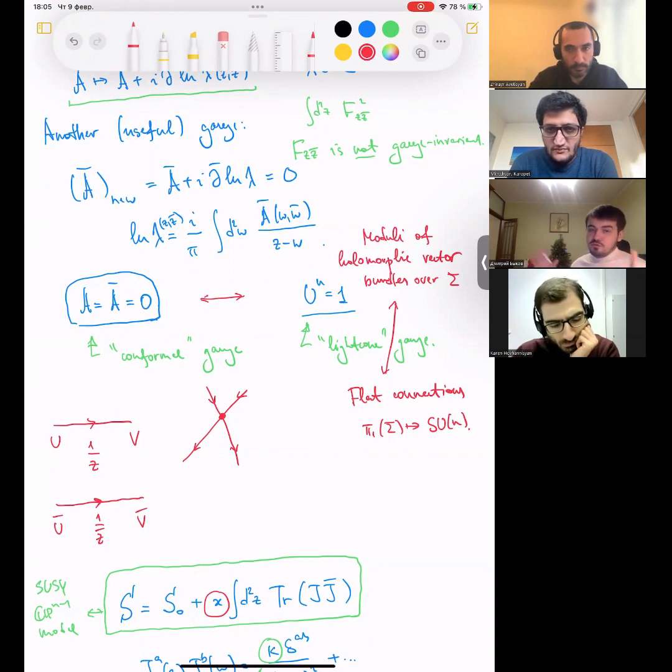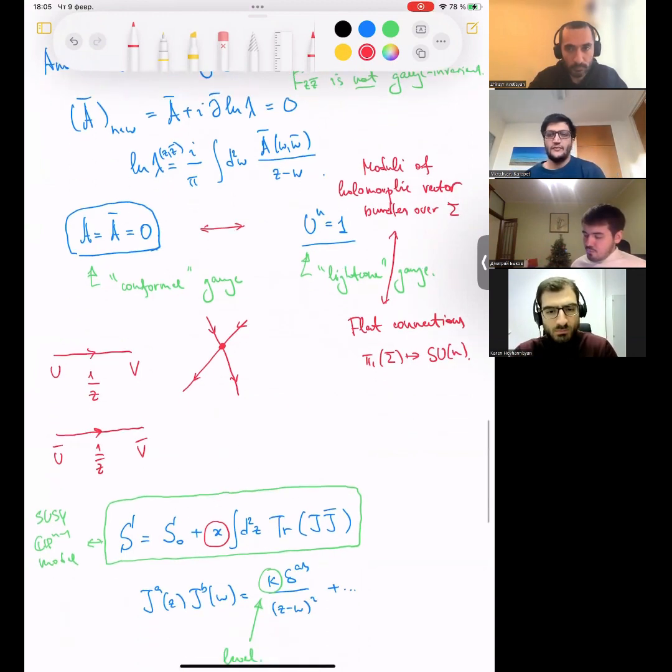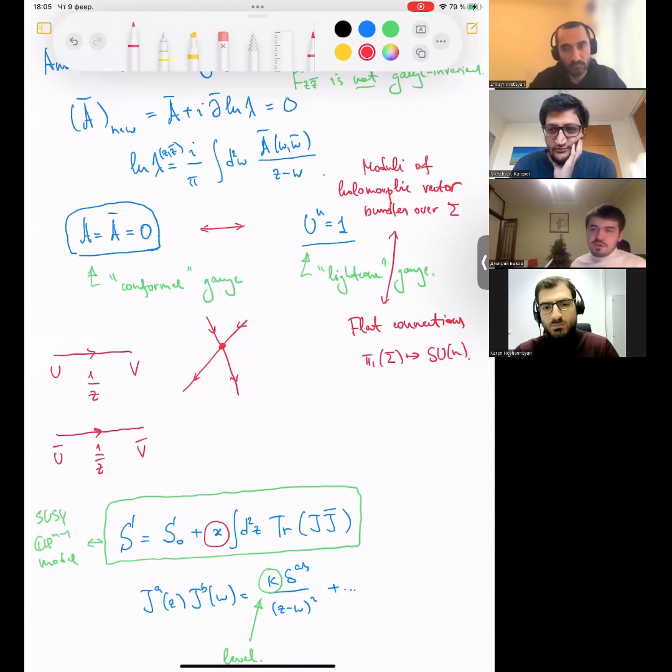You fix your Riemann surface, but you sum over first Chern classes of your vector bundle. The first Chern class is an integer, and you sum over all first Chern classes. This is the same as summing over all instanton numbers in the language of the sigma model. And for each value of Chern class, you have a moduli of flat connections, or central connections, what is called. So some well-known moduli space.